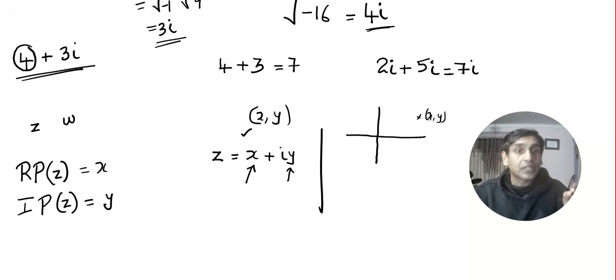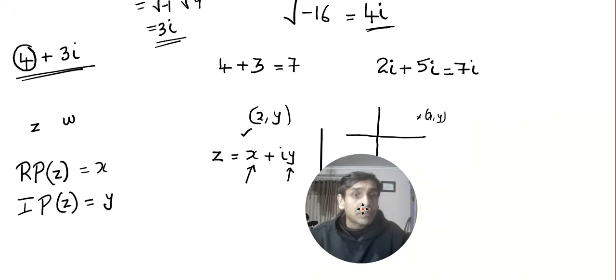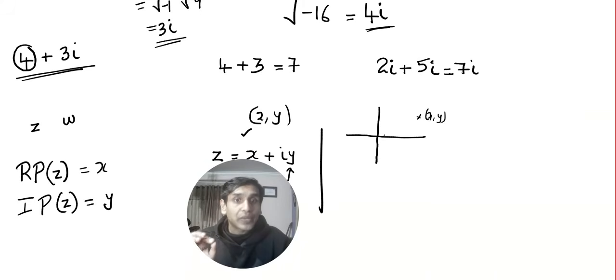What do you call it? The Argand diagram. But some mathematicians love to express the complex number as a vector. And when they express the complex number as a vector, we actually get the polar form. Do you remember? We have two standard systems, the Cartesian system and the polar coordinate system.